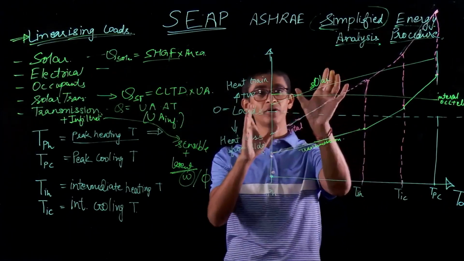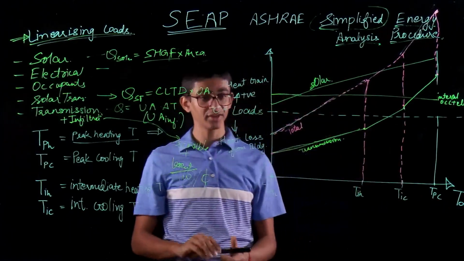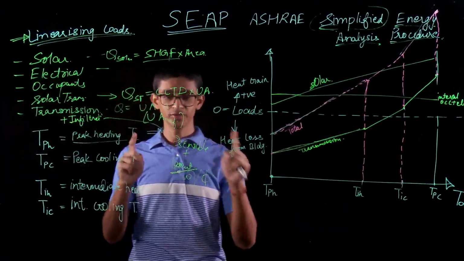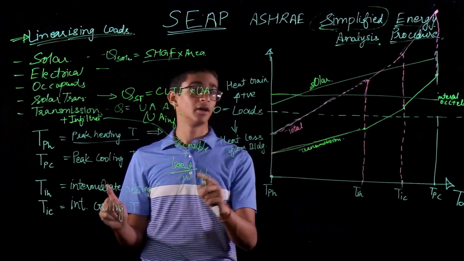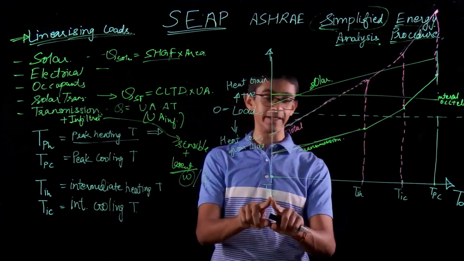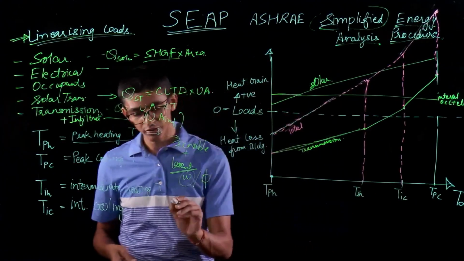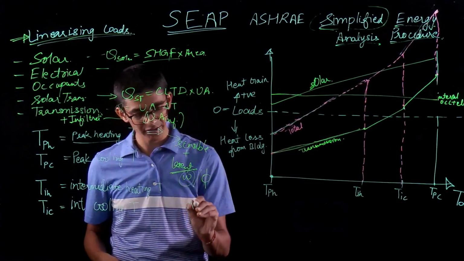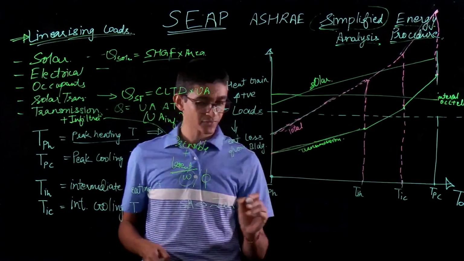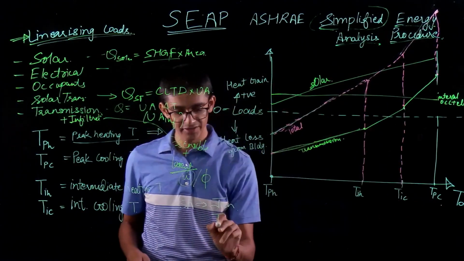So when we want to linearize a solar load, the procedure we follow is, we can take any two opposite months, 6 months apart, or actually the months which are representing the peak heating and peak cooling. So for USA, we may have a peak heating requirement in January, a peak cooling requirement in July, which are 6 months apart.